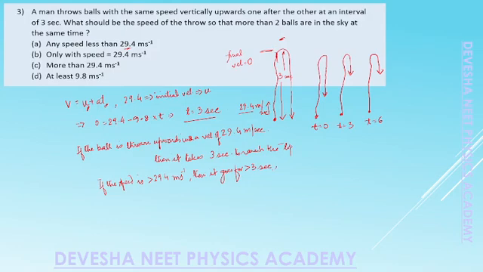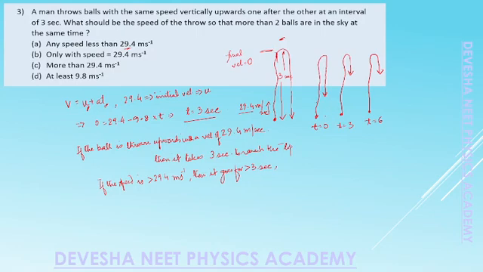I hope you all agree with this, correct? So now what is the ask here? Now imagine that I am throwing at t equal to 0, 3 and 6, right? If I throw at more than 29.4 meters per second, this ball will come back only after 6 seconds, right?